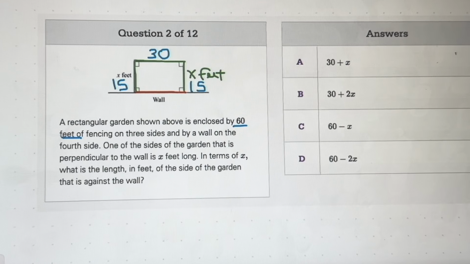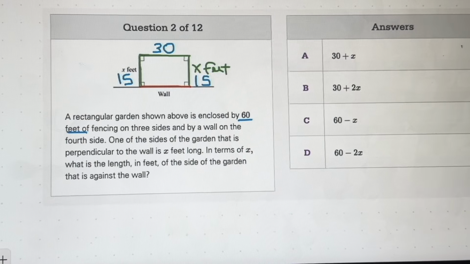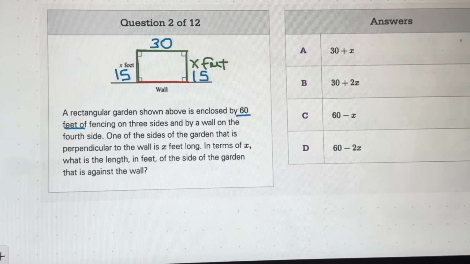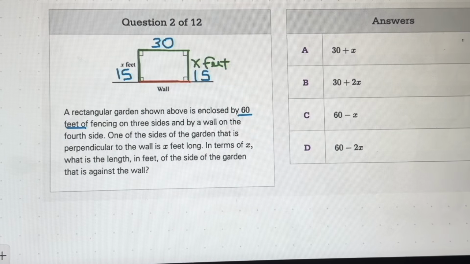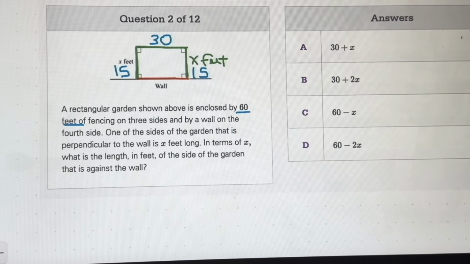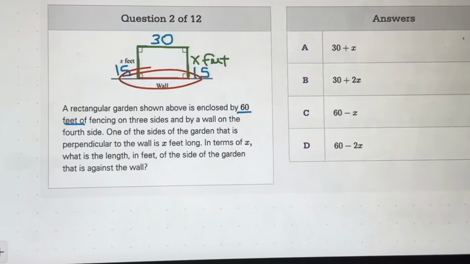The fence altogether. There's not a fence along the wall. So we've already got 60 in that perimeter of the garden. I'm asking, what's this length right here, along the wall?